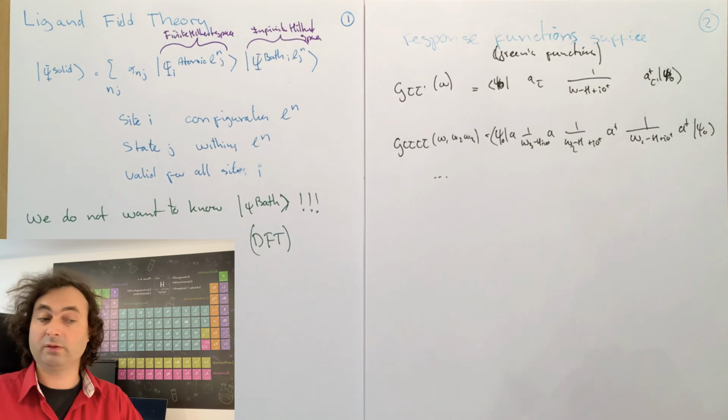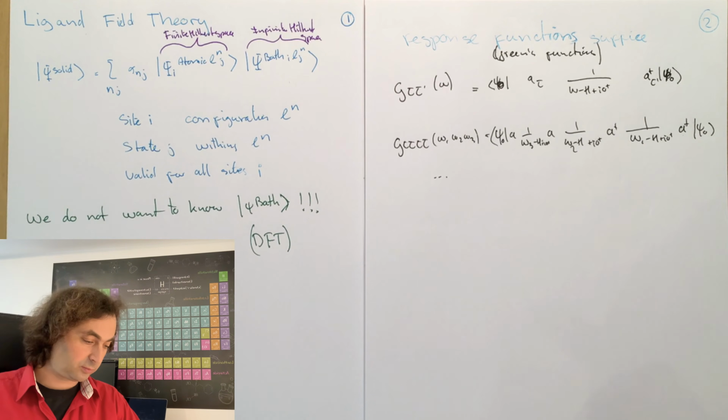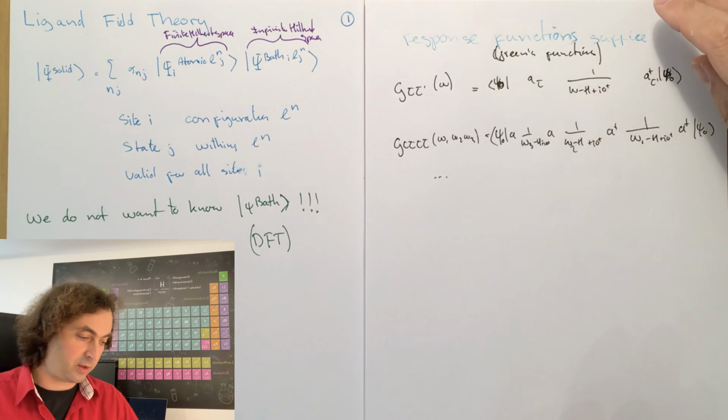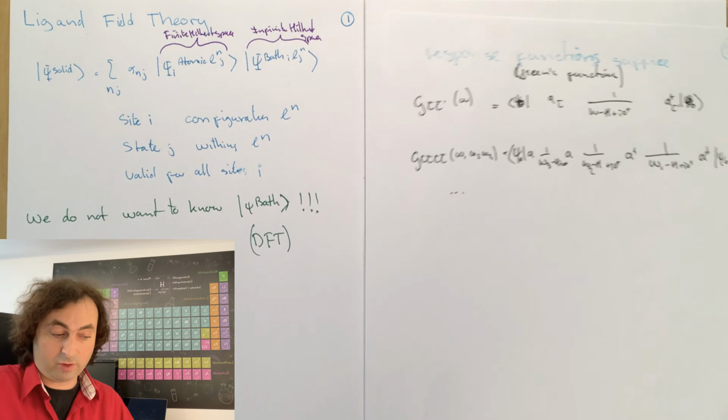we can calculate the response functions of the system. And with that, we know all possible experiments, or we can describe and predict all possible experiments that one can do on a system.